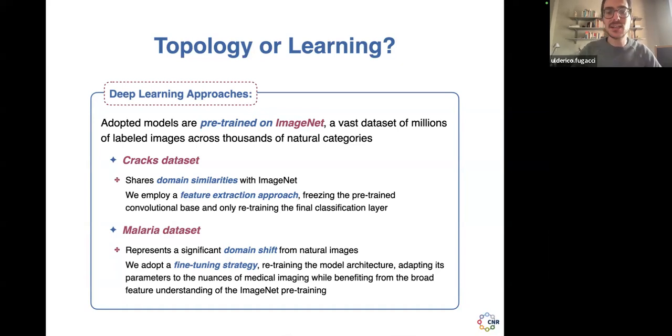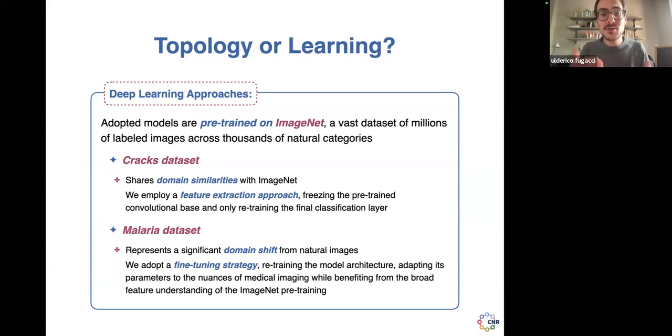Instead, since there is a significant domain shift between the images of ImageNet and the cells that we have in the malaria dataset, we adopt a fine-tuning strategy, retraining the entire model architecture for the malaria dataset in order to obtain better parameters. I have to admit that at the first step, we tried to apply the same strategy adopted for the Cracks dataset, but the results that we obtained for the malaria dataset were very low.